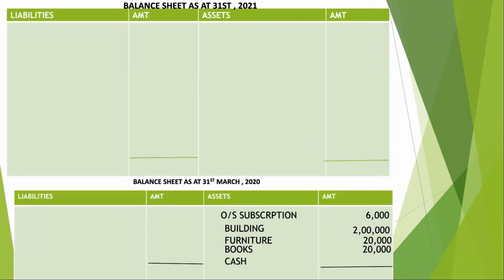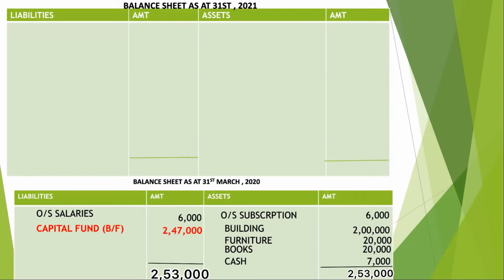Books 20,000 and opening balance of cash from receipt and payment account, that is 7,000. Now on the liability side, we have outstanding salaries amounting to rupees 6,000. When we subtract this liability from assets, we get capital fund of rupees 2,47,000 as the balancing figure. Total of balance sheet is 2,47,000.